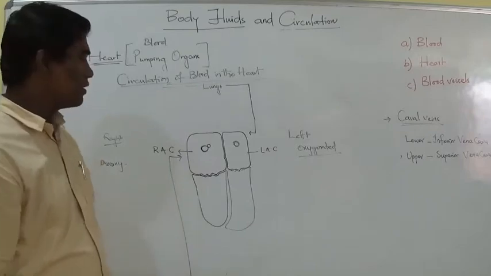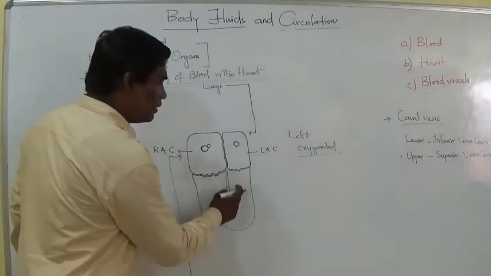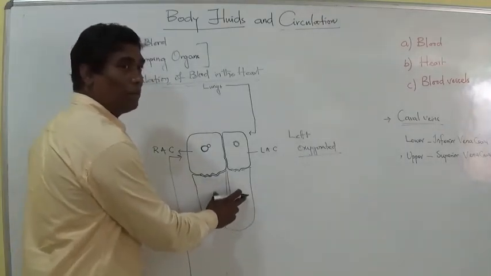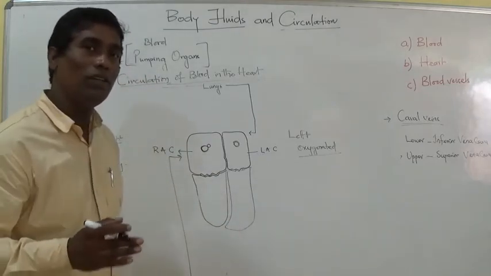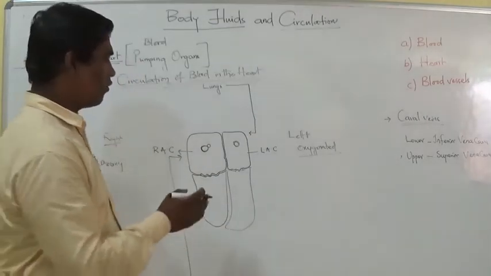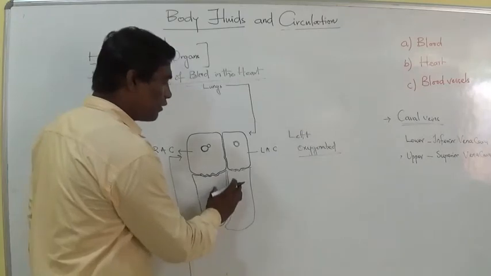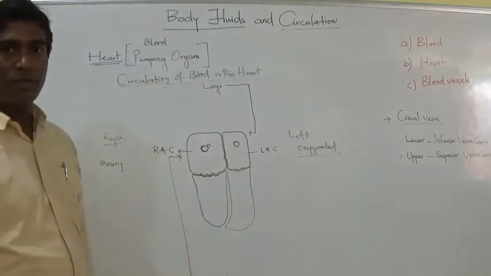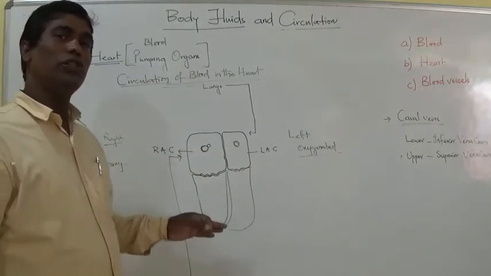During this process, around 70% of blood enters freely into the ventricles.